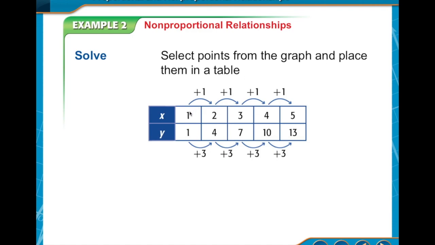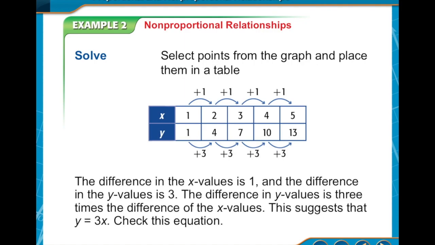So as we increase from one x to the next, we're increasing by 1 every time. As we increase from one y to the next, we increase by 3. So now, what do we know? Well, we know our slope should be change in y over change in x, which would be 3 over 1. They're both positive. So our slope should be a positive 3.